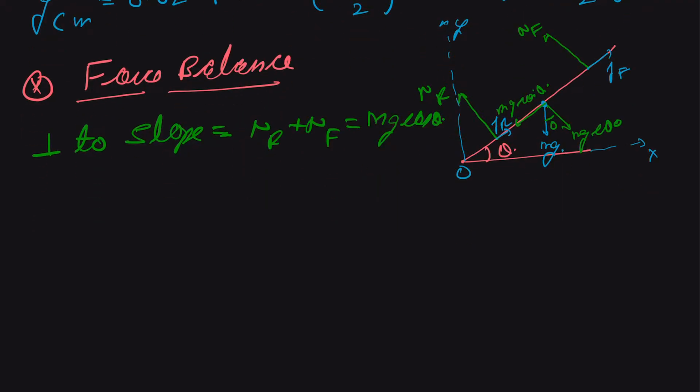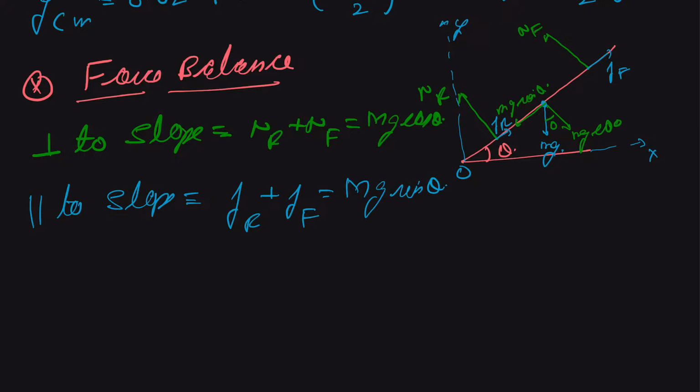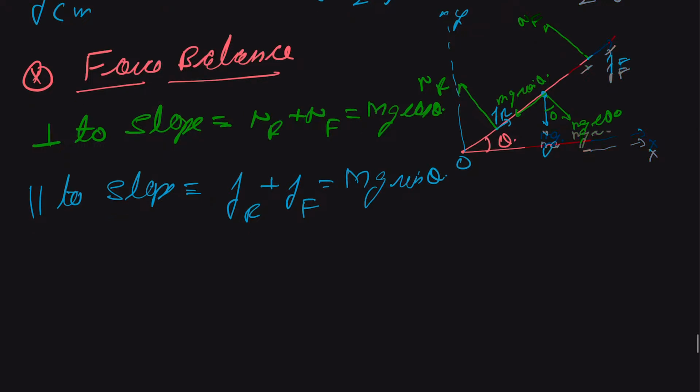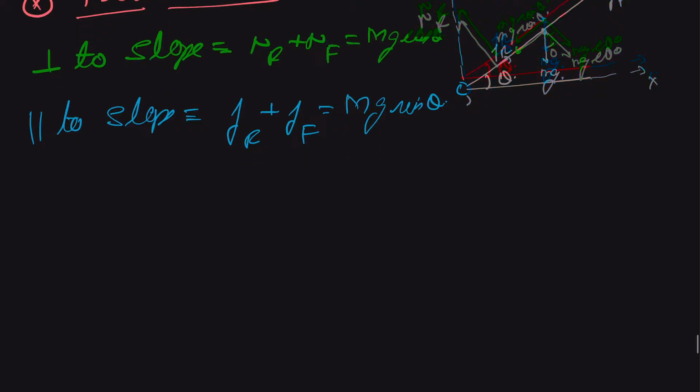And then parallel to the slope, F rear plus F front is equal to mg sine of theta. And we can find out both values.